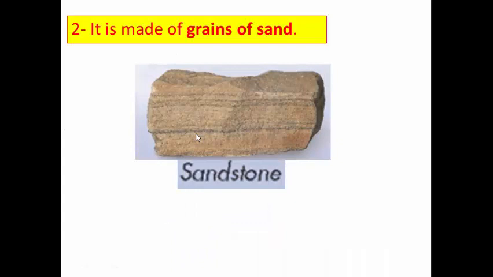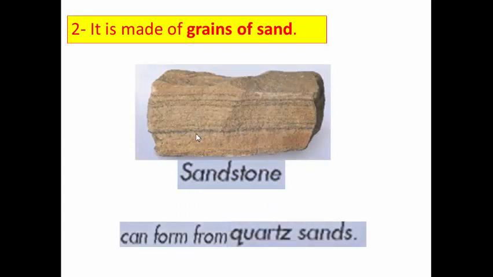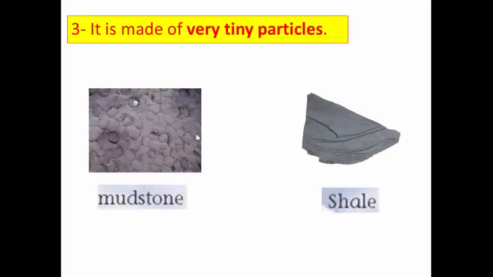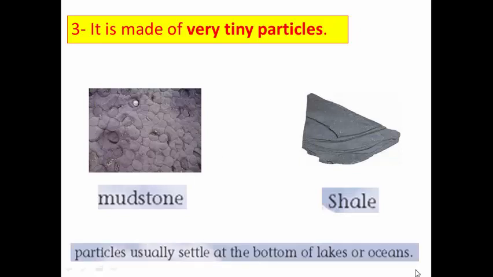The second type is made of grains of sand, like sandstone. And finally, some of them are made of very tiny particles, like mudstone and shale. And we said you can find them in lakes and oceans.